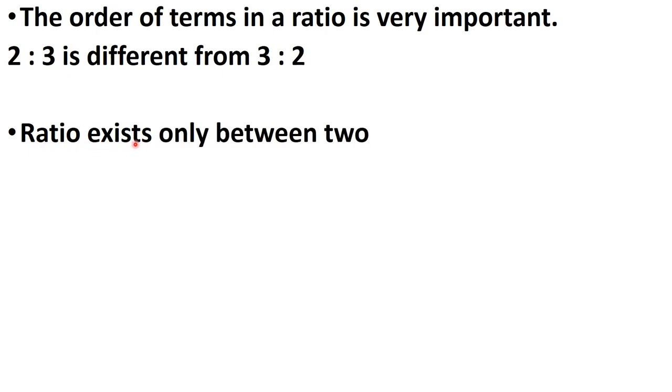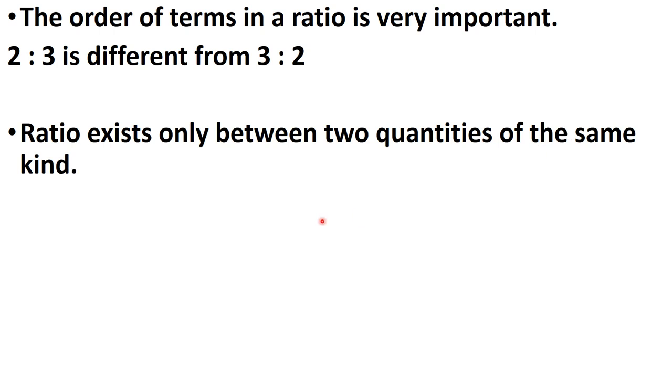Next, ratio exists only between two quantities of the same kind. For example, if we are measuring the height of one student, we have to measure the height of another student. We can't compare the height of one student with the weight of another.